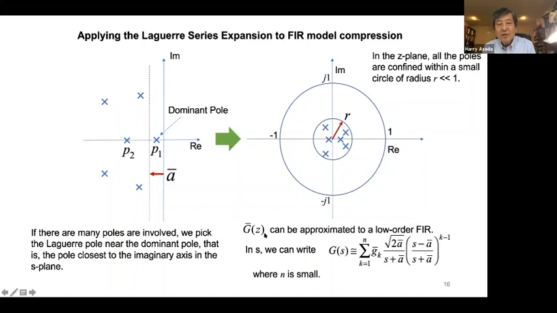So G bar(Z) can be approximated by a low-order FIR if the poles are confined within a small R from the origin. So this is truncated with fewer terms. N can usually go to infinity, but here may be pretty small.